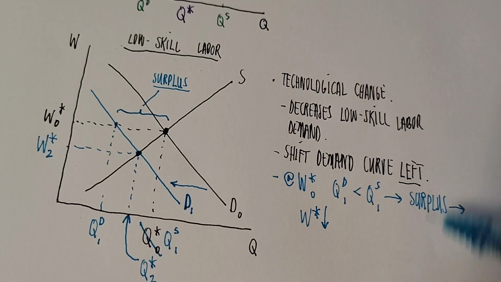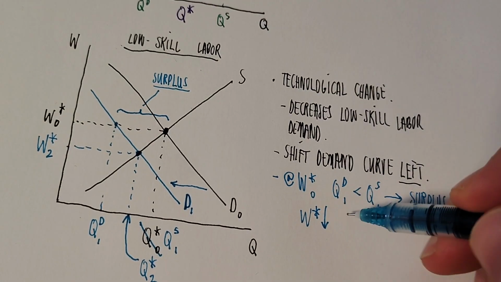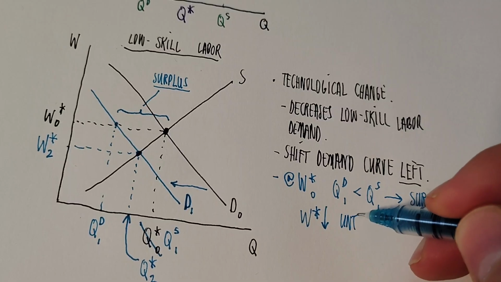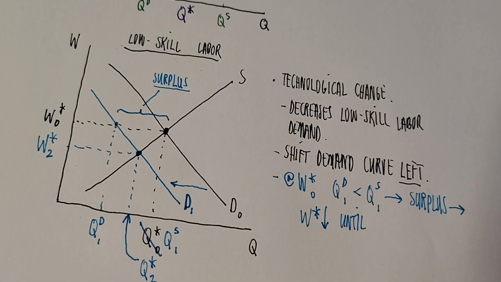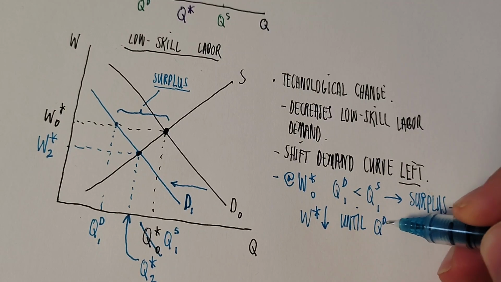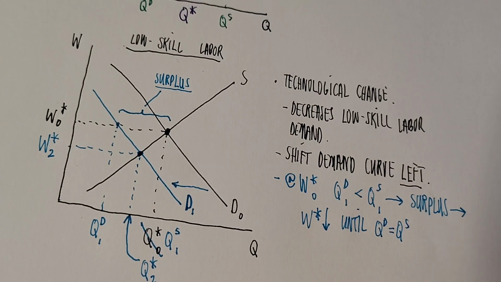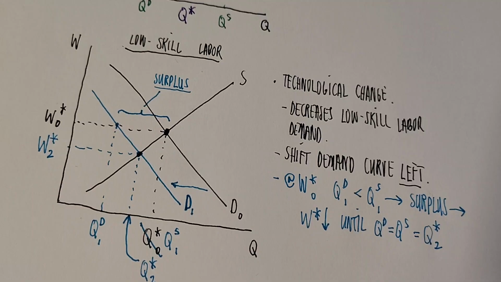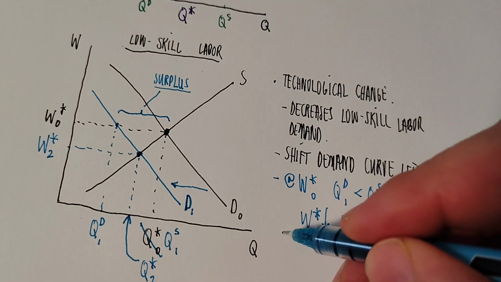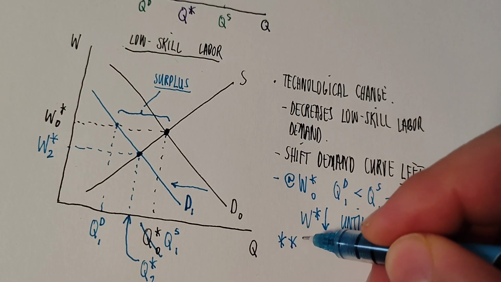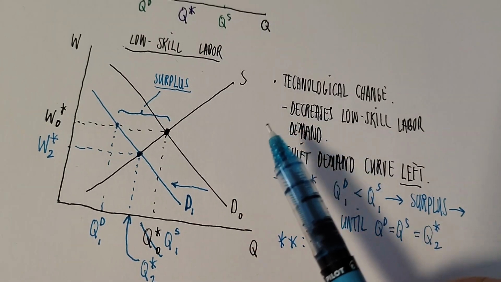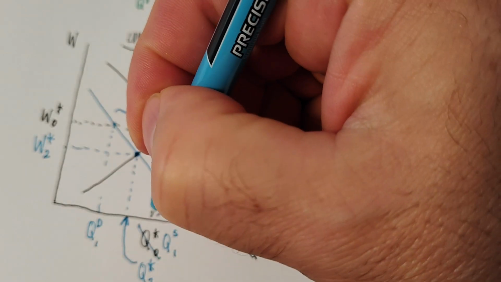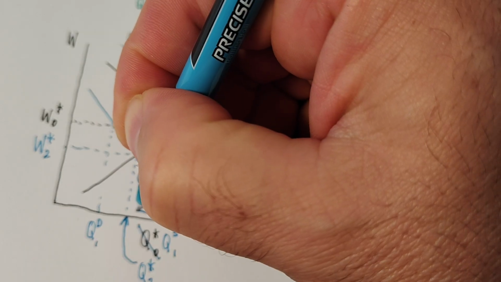Okay, so W star is going to fall until the quantity demanded is equal to the quantity supplied is equal to Q star 2. All right. So overall, what's happened with low skilled labor? We get a decrease in equilibrium quantity, right?